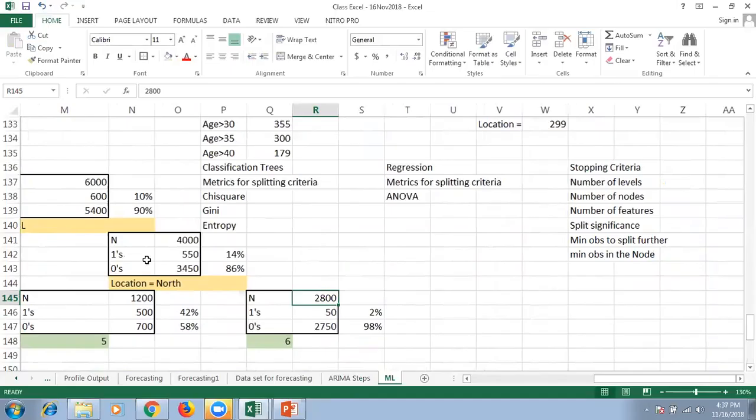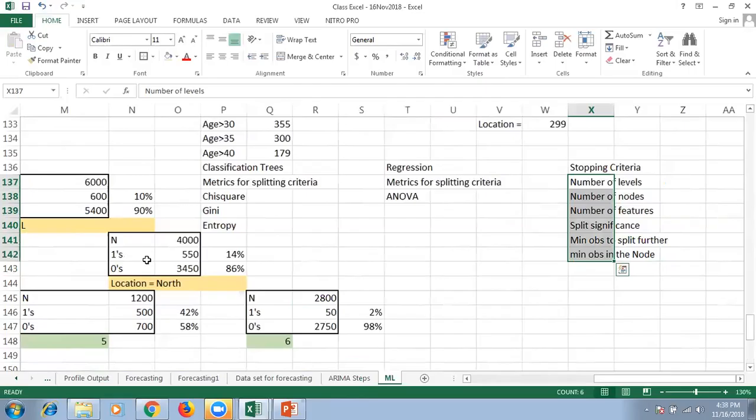That's also possible, right? I'm asking that when you are splitting, each final node should have a minimum of 200 observations. So when it's splitting further, it will look for at least 200 observations in the node. That's what we look at. Does that make sense?